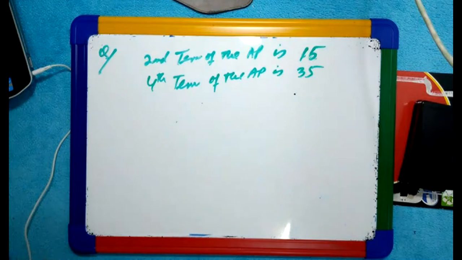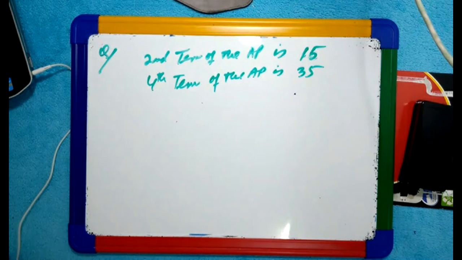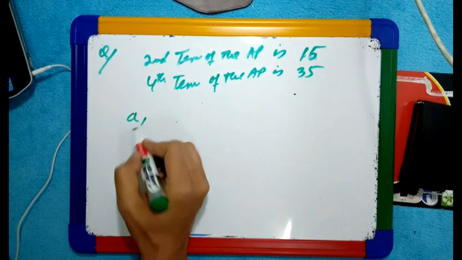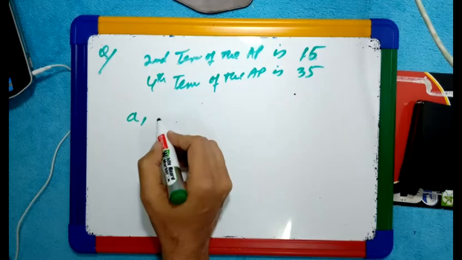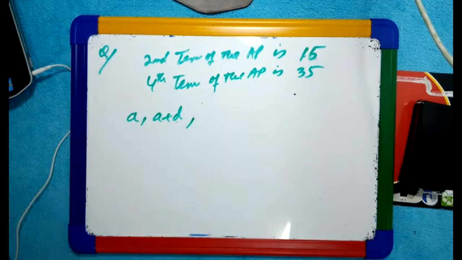So you know how we write the sequence generally. First term is A and second term is A plus D, right? And third term is A plus 2D. Fourth term is A plus 3D.